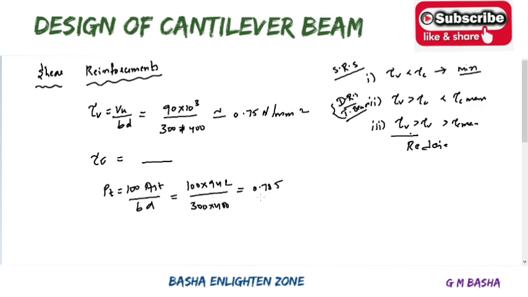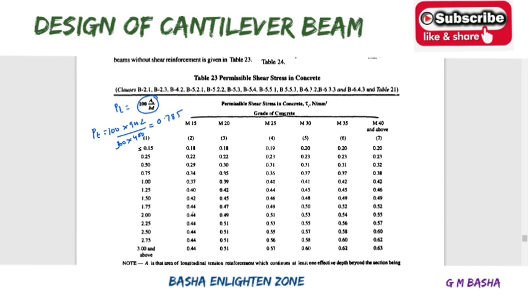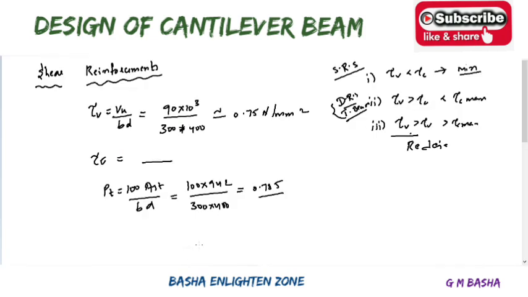So if your PT is 0.785, check in the code. 0.785 lies between 0.50 and 0.75. Okay. For M20 grade concrete, it will be 0.30 and 0.35. Write down somewhere, for 0.50, how much will it be?